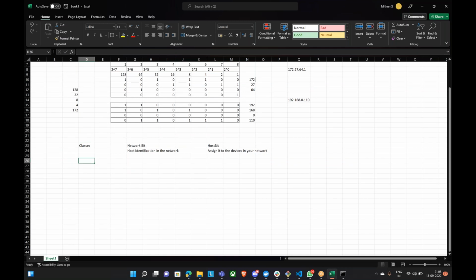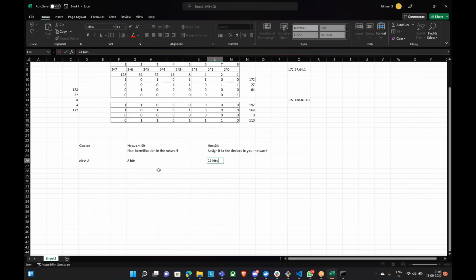For example, if you are using class A, the network bit was /8, or in other words, only the first 8 bits were dedicated to network. And what is the remaining out of 32? If you dedicate 8 bits to the network, then 32 minus 8, that is 24 bits, so 24 bits to the host.